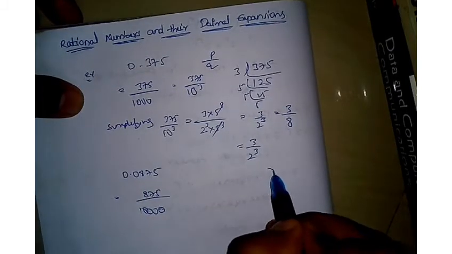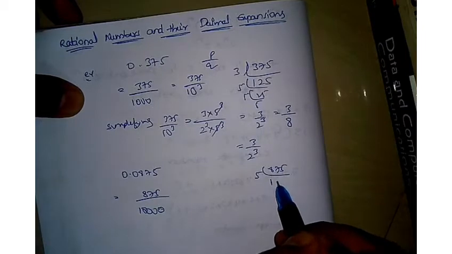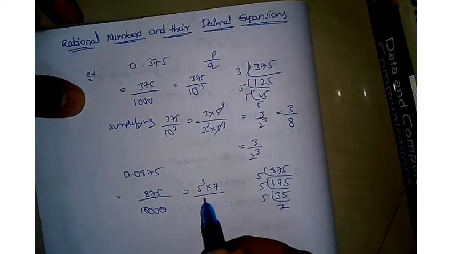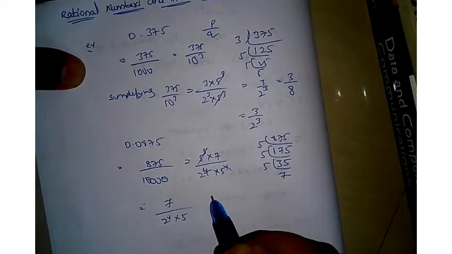If you prime factorize 875, you get 5 cube into 7. So it is equal to 5 cube into 7 by 2 power 4 into 5 power 4, which is equal to 7 by, you can cancel, 2 power 4 into 5. This is the simplified form of 0.0875 expressed in p by q form.